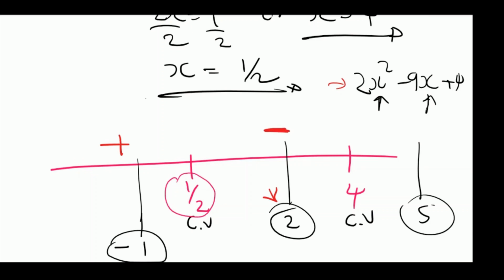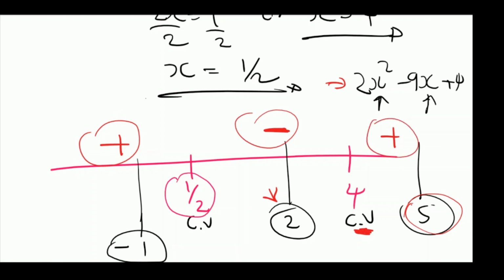And then just after your critical value of 4, which is 5, you're going to substitute it into the equation, and you will find the sign of positive. So these signs tell you that the solution of y is positive when x is negative, and the solution of y is negative when x is equal to 2.